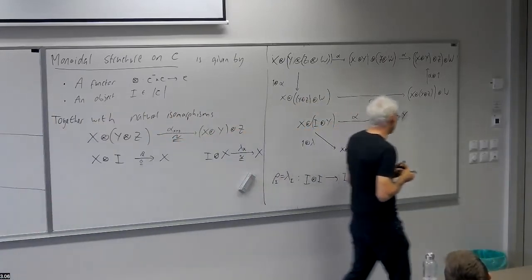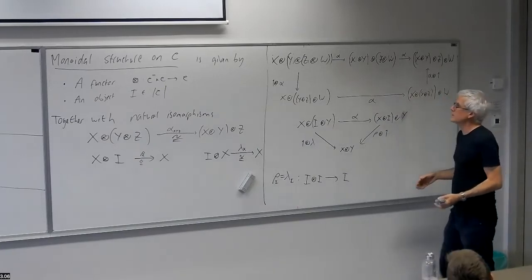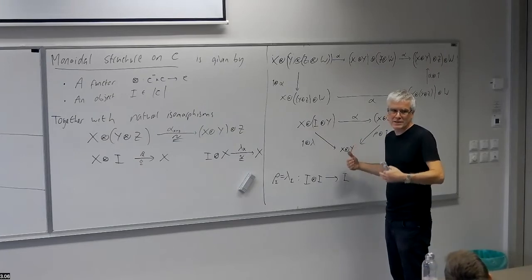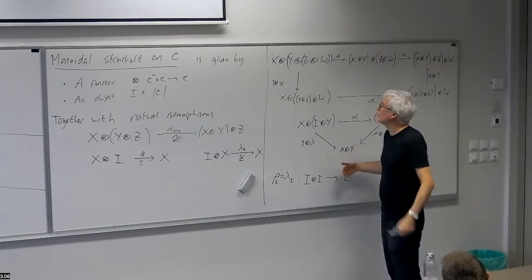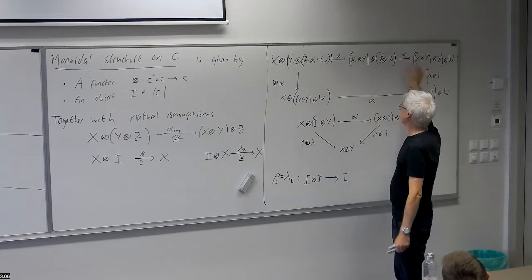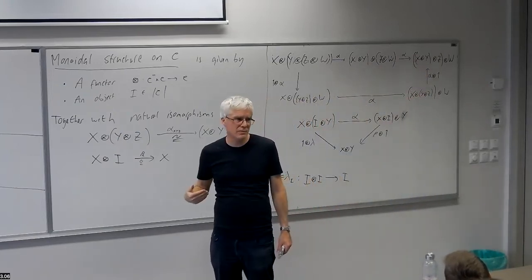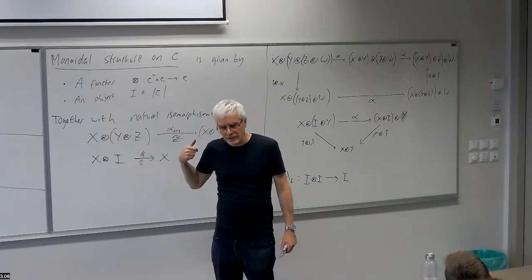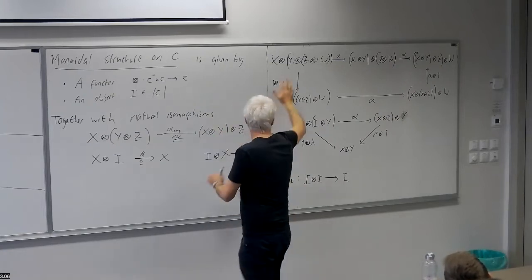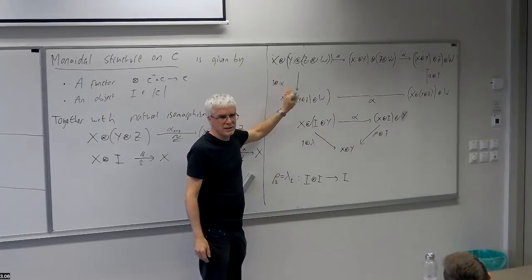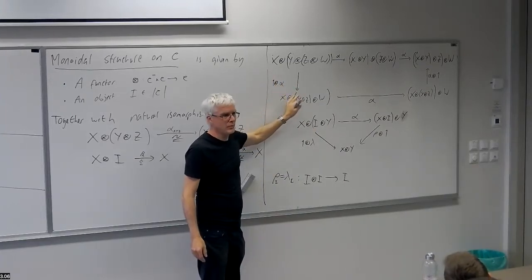Essentially, what these axioms tell you is that it doesn't matter how you bracket an iterated tensor product. You can bracket it this way or one of these intervening ways. They're all the same. They're all naturally isomorphic, and in exactly one way.